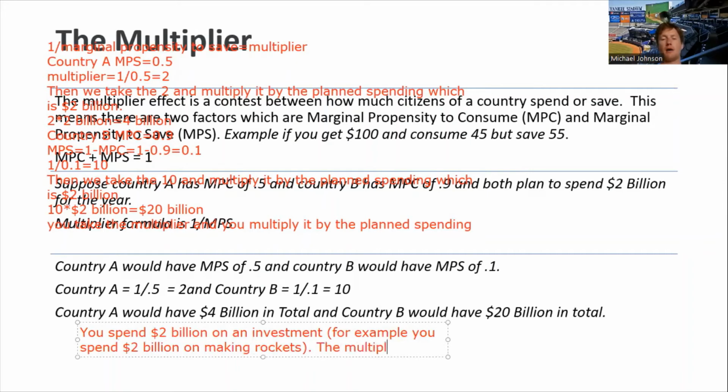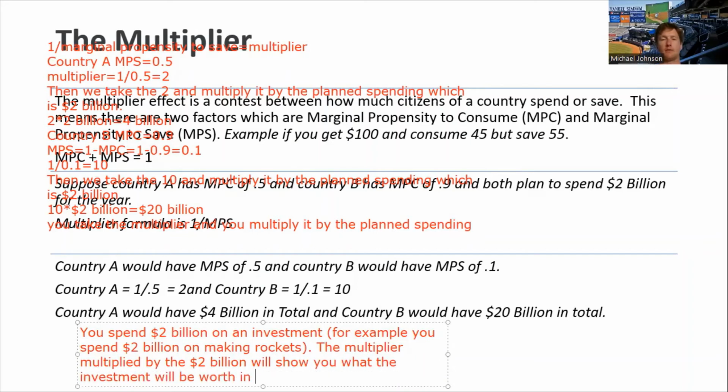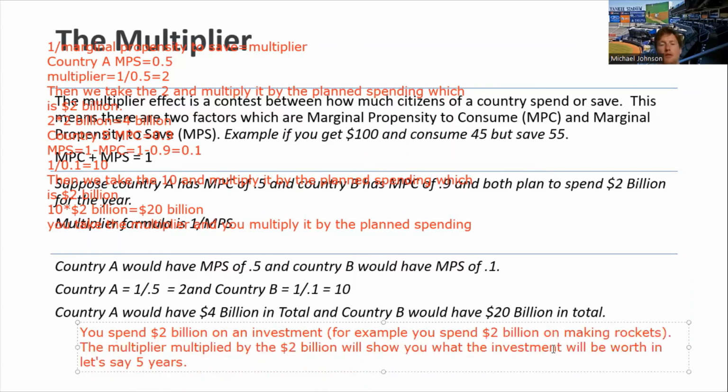The multiplier multiplied by the 2 billion will show you what the investment will be worth in, let's say, 5 years. So the multiplier shows you how much the investment will go up.